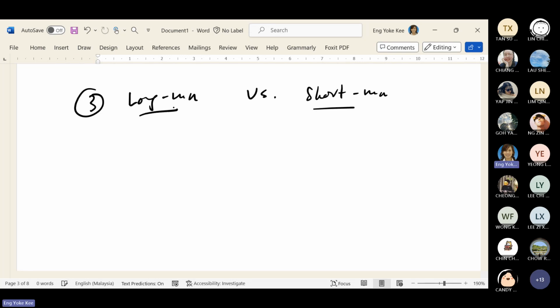Okay, so the difference between long run and short run, how long is long and how short is short? Why does it matter? Why should we care about whether it is a long run or a short run?